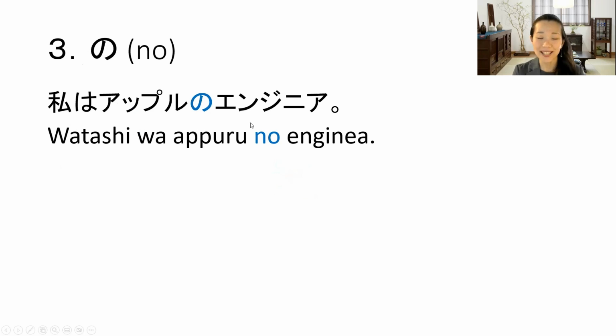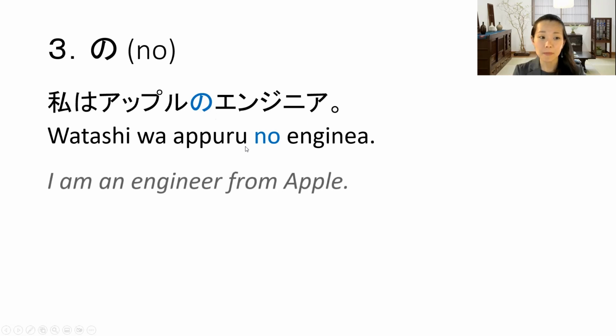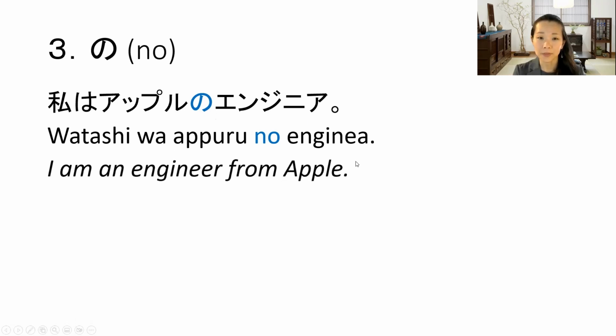私はAppleのエンジニア. Do you know what this means? 私は means I am. Then Apple is a company name. Then の is the connection we are learning, connecting noun and noun. Then engineer is engineer. So that means I'm an engineer from Apple. Apple is written in katakana because, again, it's from English.